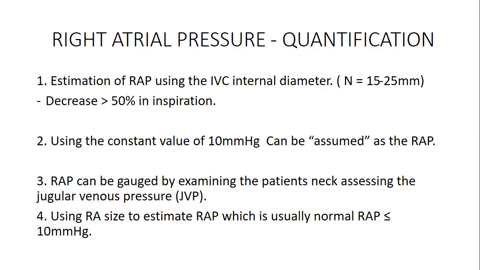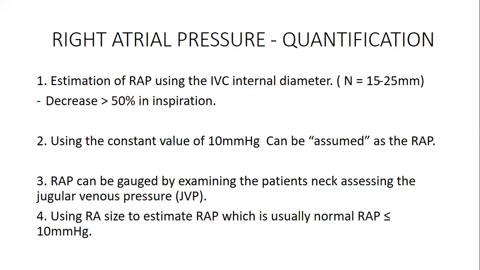This can actually be very tricky because you can either overestimate or underestimate pulmonary hypertension. So I advise that as we practice, we better use the upper limit, and anything above 10, around 15 millimeters mercury, becomes abnormal.